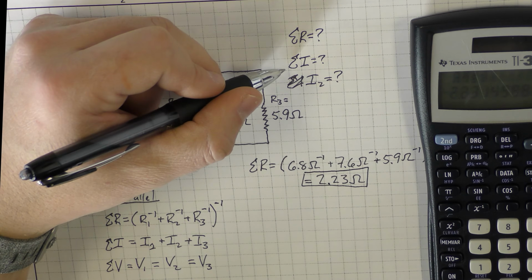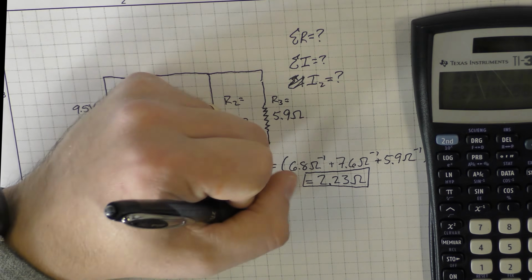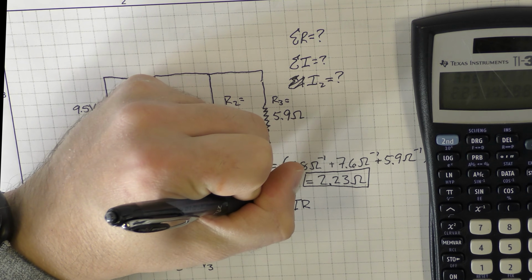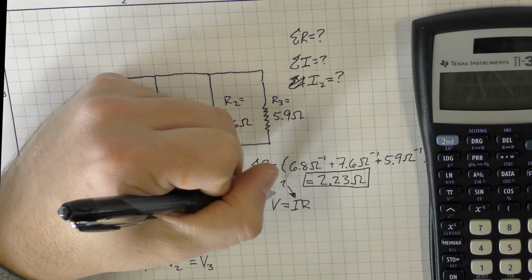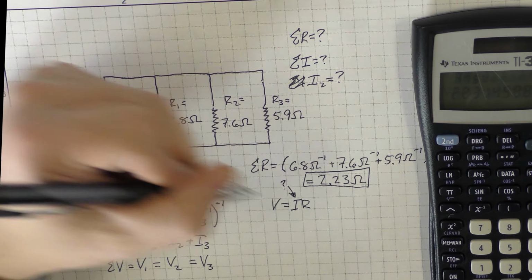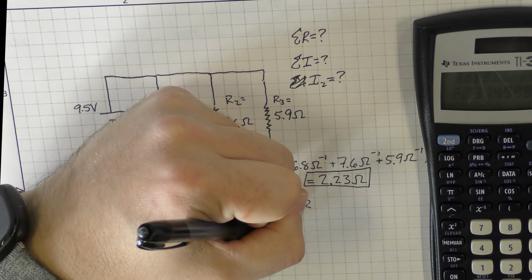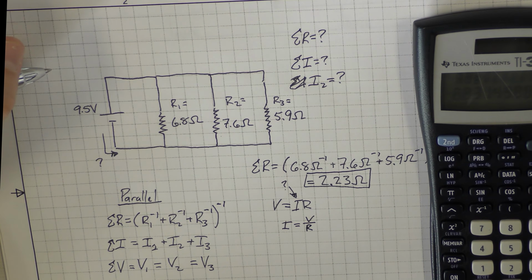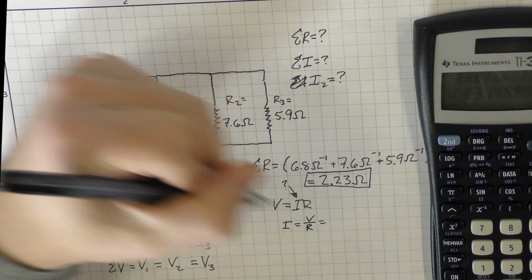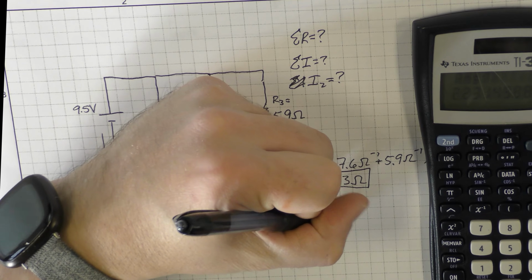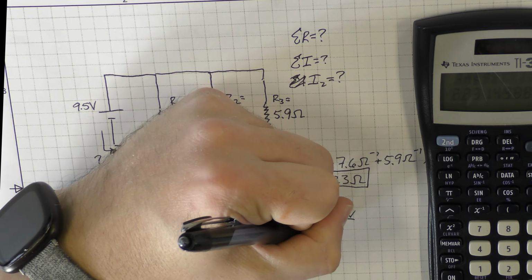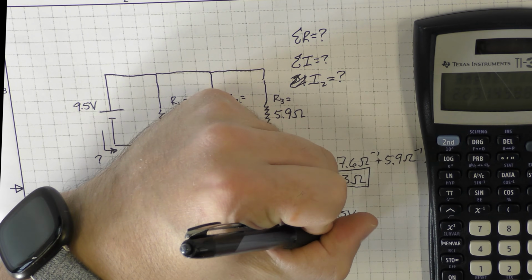For the second part, the total current, we're going to use Ohm's law again. V equals IR, and we're going to calculate I using the total voltage from the battery and the total resistance that we just calculated. If we rearrange just like we did before, I equals V divided by R. Our total voltage from the battery is 9.5 volts. Our total resistance that we just calculated is 2.23 ohms.